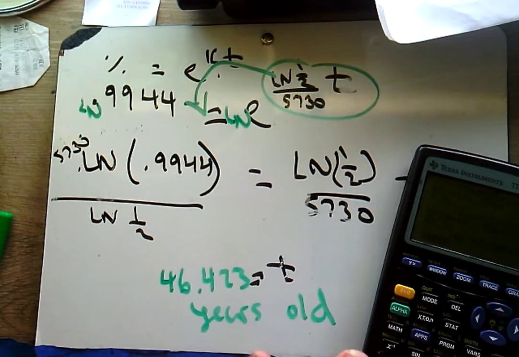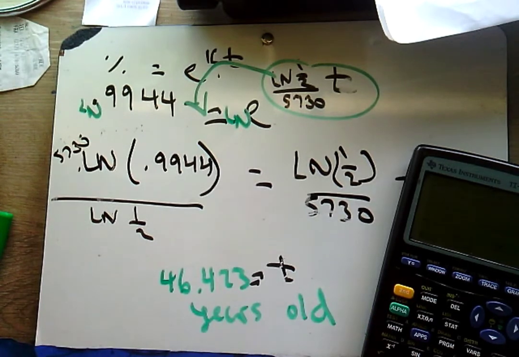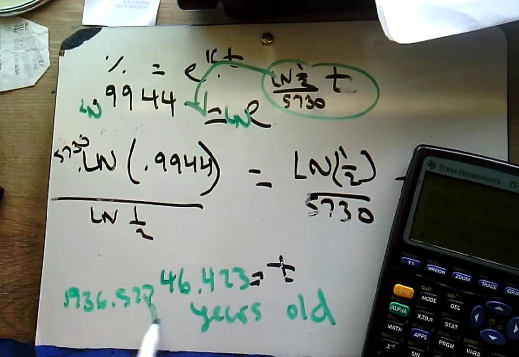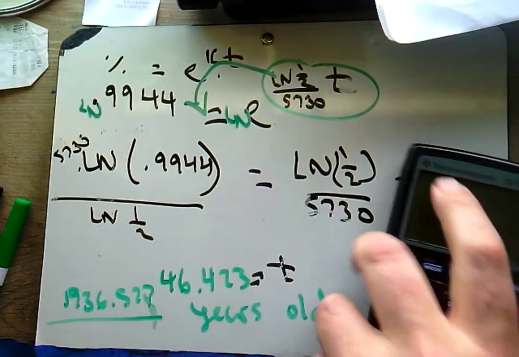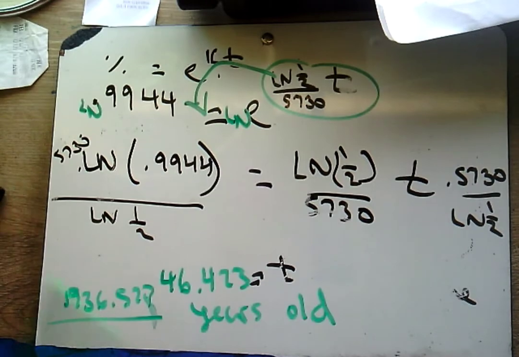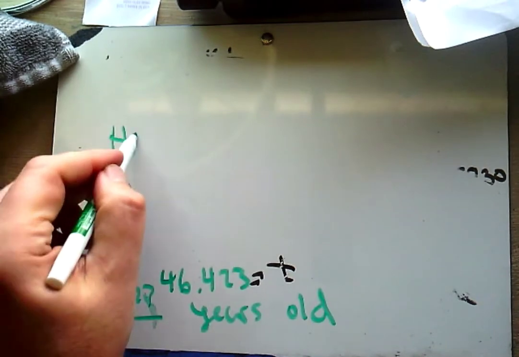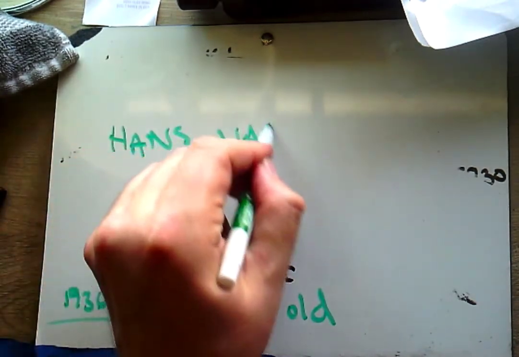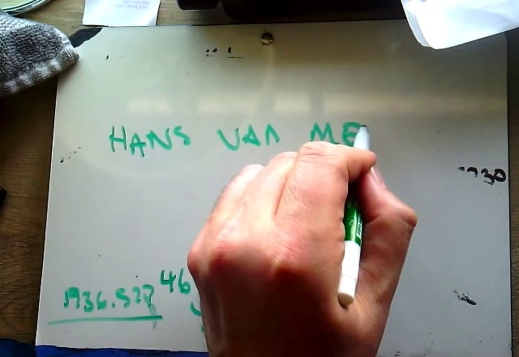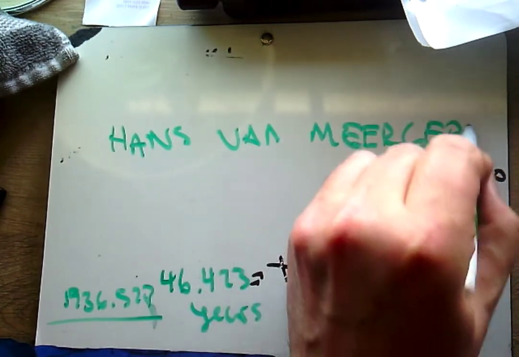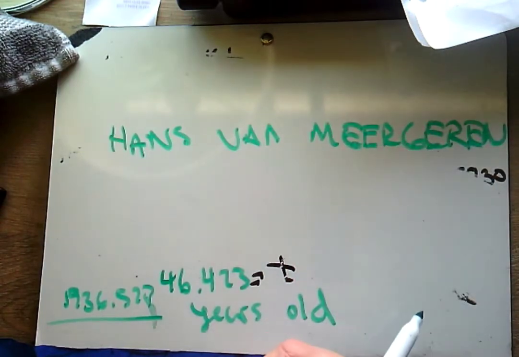If we take 1983 and we subtract this answer, we get 1936.577. Yeah, so it turns out that there was this gentleman. His name was Han van Meegeren.